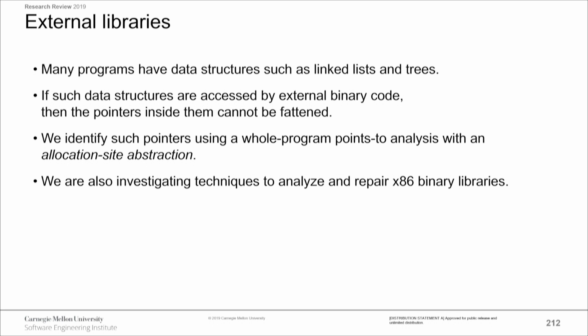So to identify those pointers, we use a whole program points-to analysis, and specifically we use an allocation site abstraction. And then we just mark those pointers as being ineligible to be fattened. So we cannot assure memory safety for those particular pointers. But we also don't break the program. The program still works even though it links to these external libraries. We just don't get to give as strong a memory safety proof.